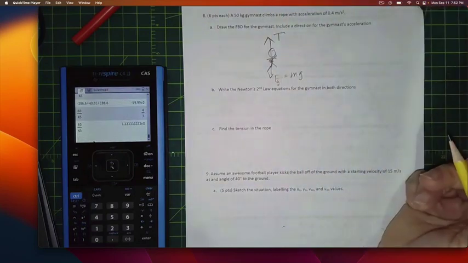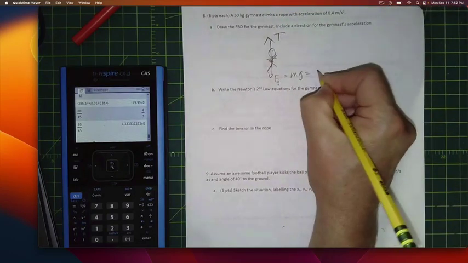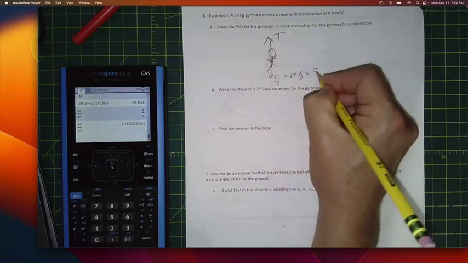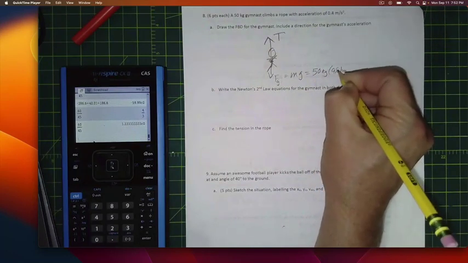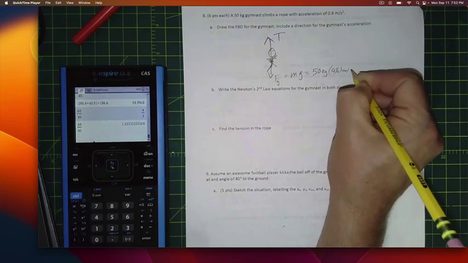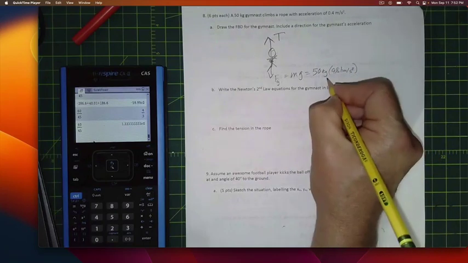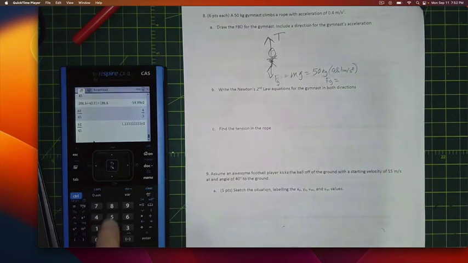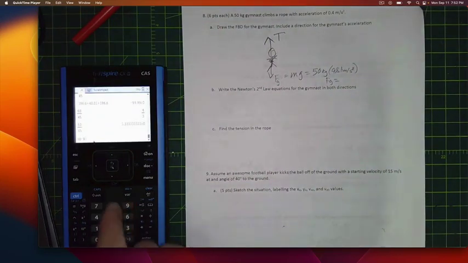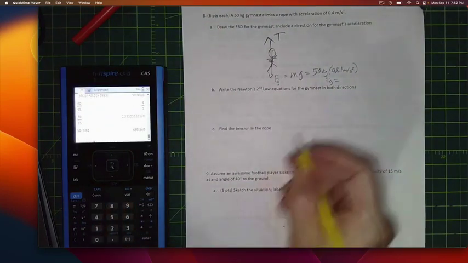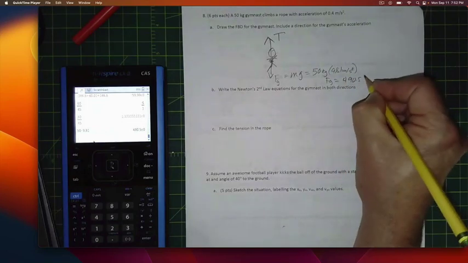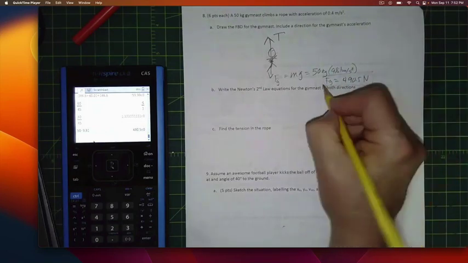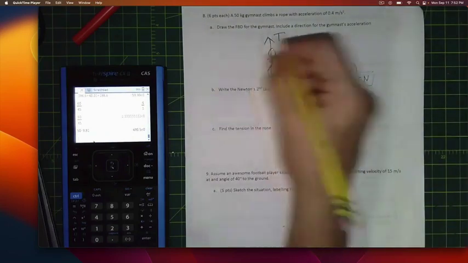We've got m is 50 kilograms, and g is 9.81 meters per second squared. So force of gravity is 490.5 newtons for this gymnast, and that's straight down.